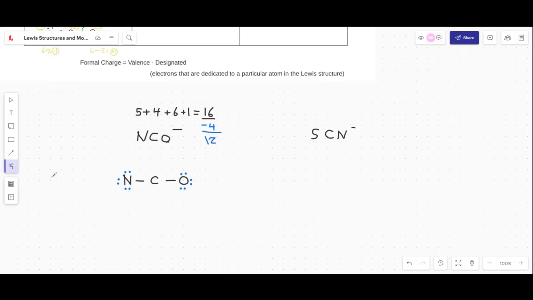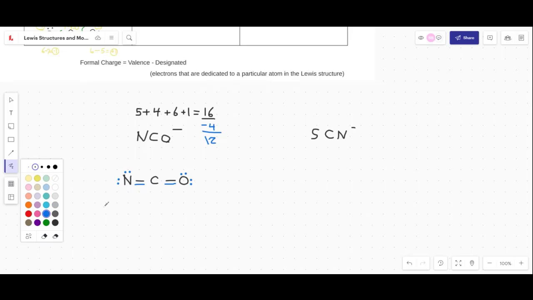So I have to share a pair from an adjacent atom. So I'll go ahead and I'll erase my oxygen ones, and I will put an extra bond here. But carbon's still not happy, so I'll erase my nitrogen ones, and I'll put an extra bond here.